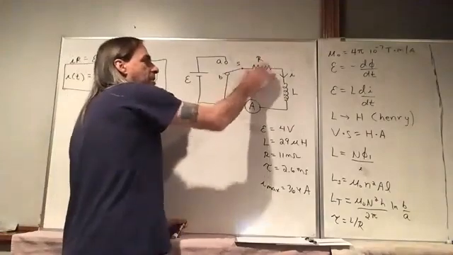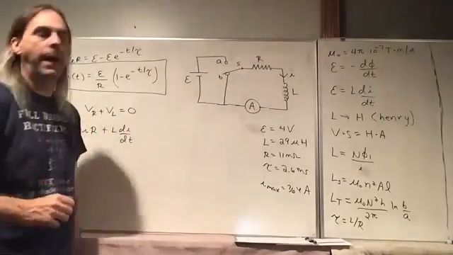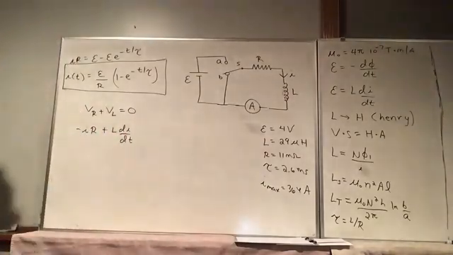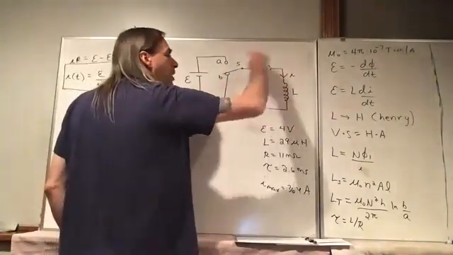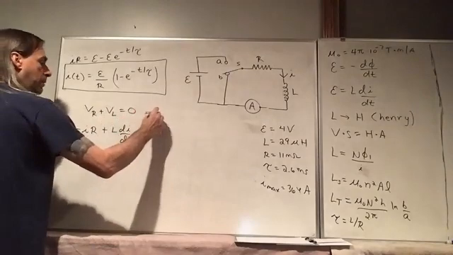And so the resistor is killing off that current. And so how is the inductor going to respond to that? It's going to resist that change. Remember Lenz's law. And so the EMF is going to keep driving the current in the same direction. So now it's like the inductor and the resistor are fighting each other.